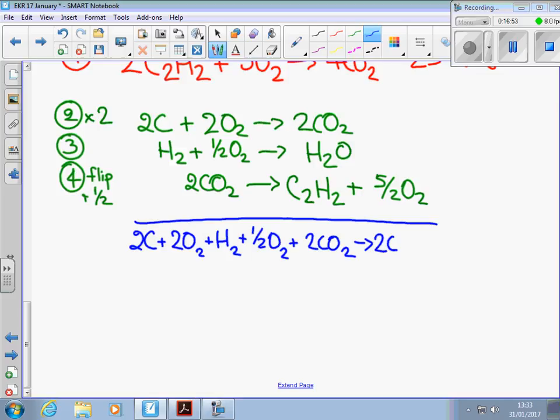On the other side, 2 carbon dioxides, that's handy, a water, C2H2, and 5/2 oxygen. So a bit of cancelling here. What can we lose? What's easy to lose? Carbon dioxide is very easily lost. Yep, 2 of those, in and out.